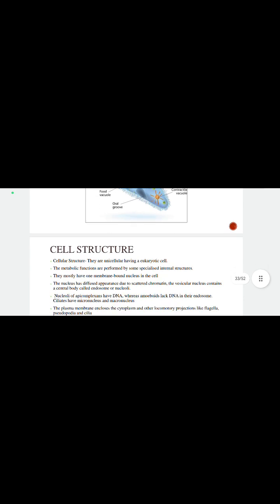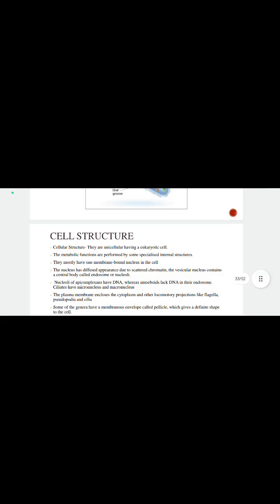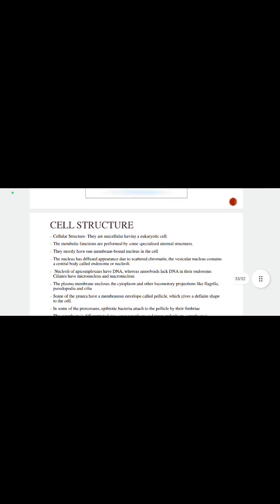Then the cell structure. They are unicellular, having a eukaryotic cell. The metabolic functions are performed by some specialized internal structures. They mostly have one membrane-bound nucleus in the cell. The nucleus has a diffused appearance due to scattered chromatin. The vesicular nucleus contains a central body called the endosome or nucleolus.